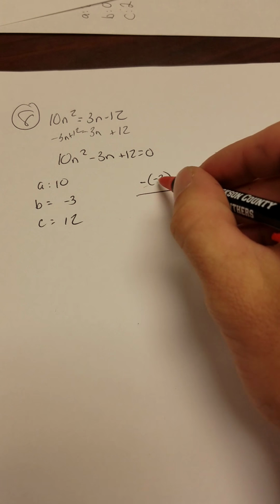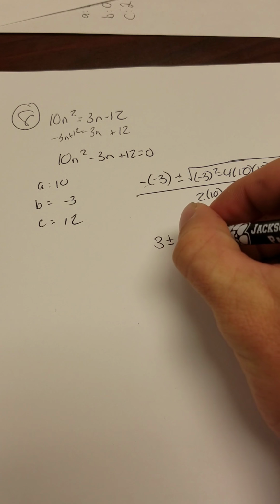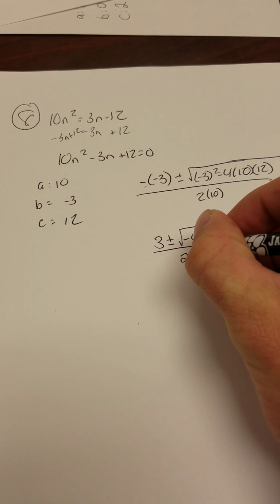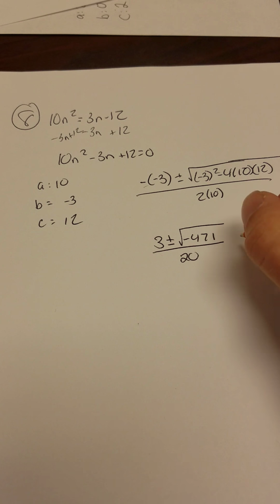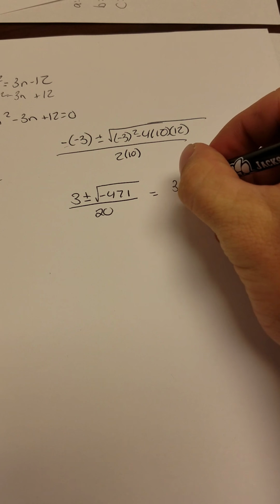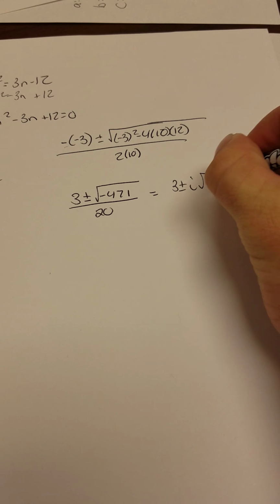Simplify what's on the inside, so that makes that a 3 plus or minus square root negative 471 over 20. There's a negative underneath, so we need to take out an i again. 3 plus or minus i square root of 471 over 20.